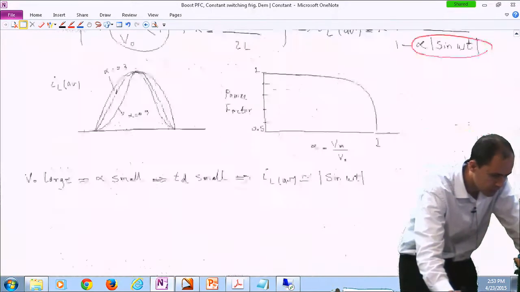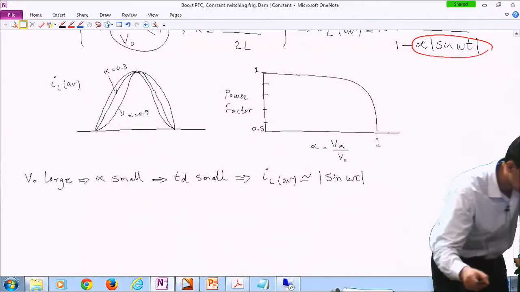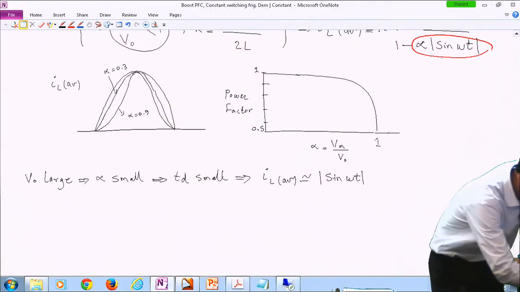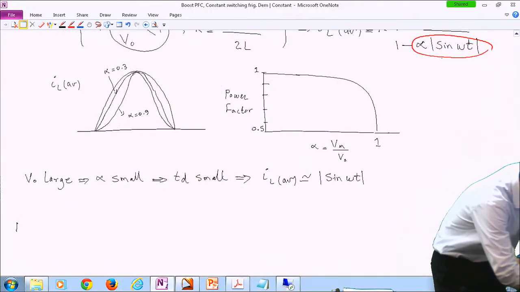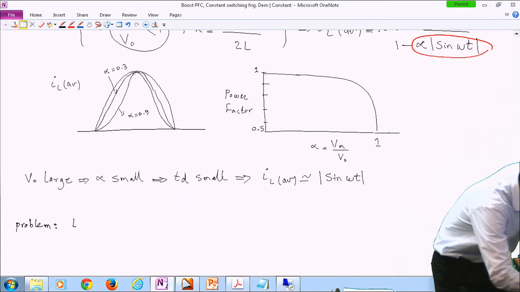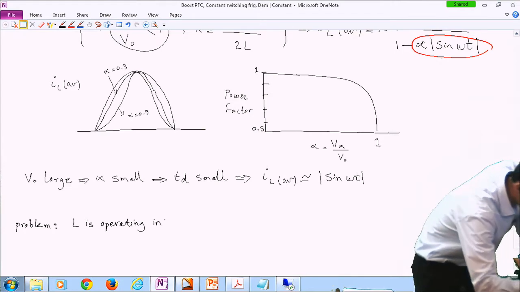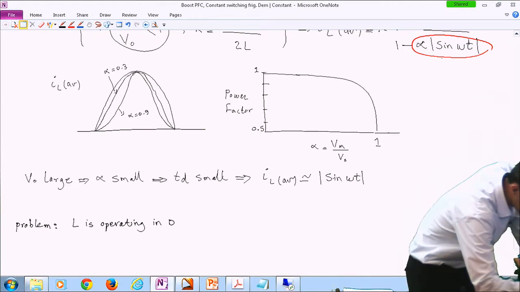So let me show it over here. The inductor is operating in DCM.